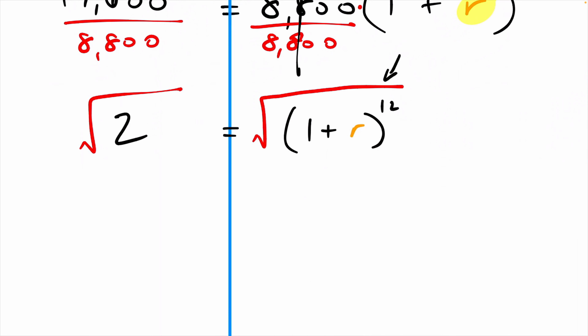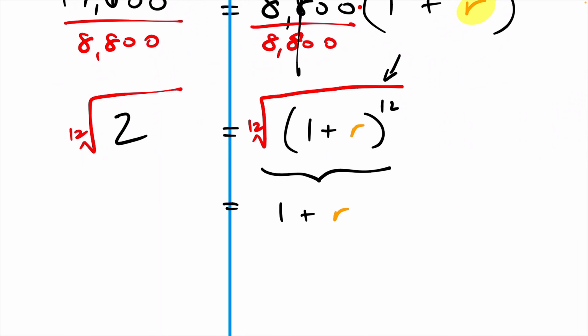Like I can't do a square root and a 12, that won't cancel out. So what root do I have to do? 12. Whatever I do to one side, I have to do to the other. So on this side, it just gets rid of the power. On the other side, I have to find the 12th root of 2.